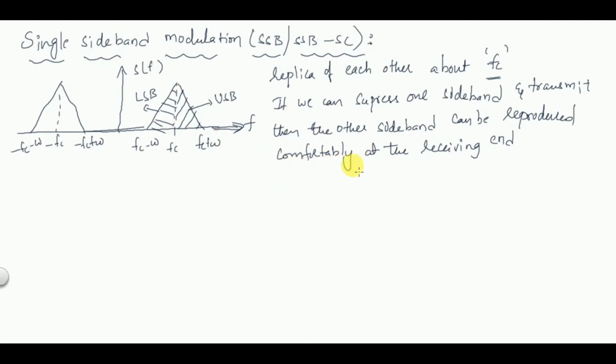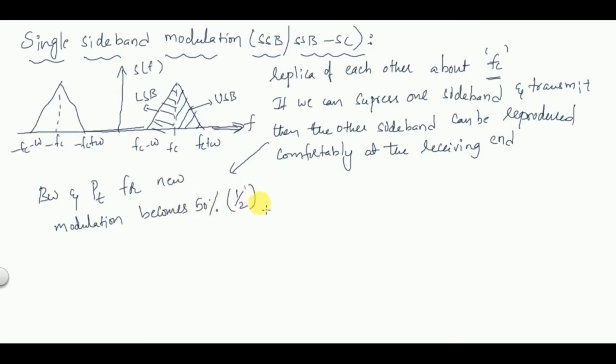By suppressing one of the sidebands, the bandwidth and the power required to transmit for this new modulation technique become 50%, that is, half when compared to DSBSC. Now we are transmitting only one of the sidebands.